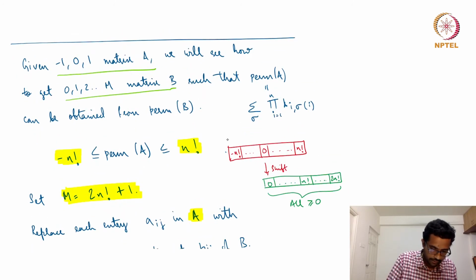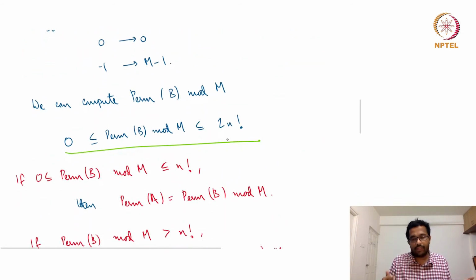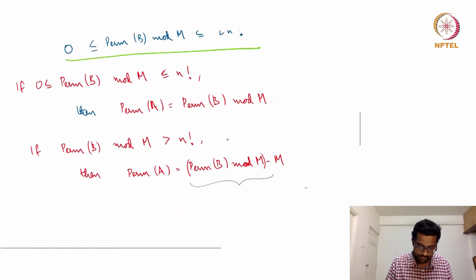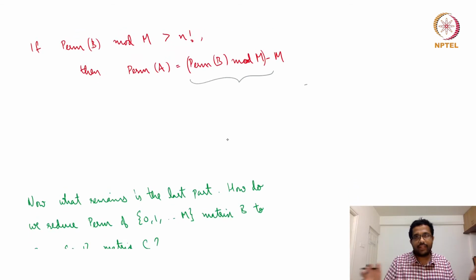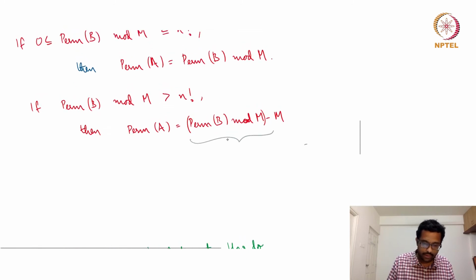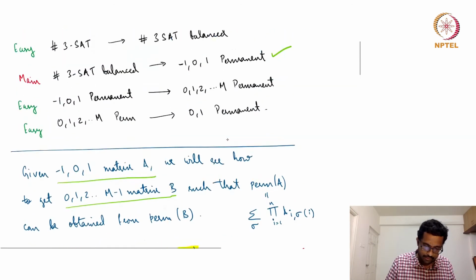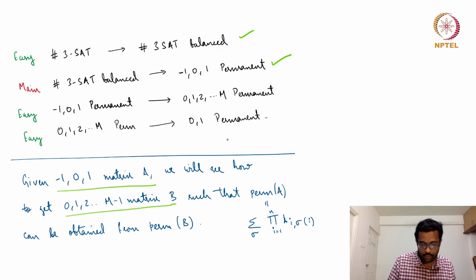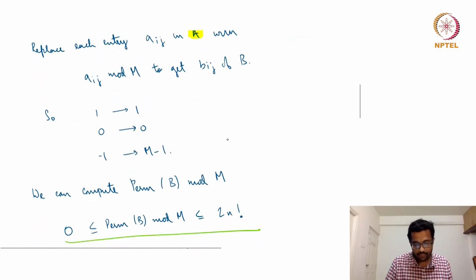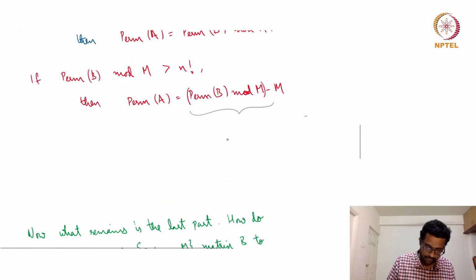I could say this is true, but it's fine, 0, 1 to m is actually a superset of this. The matrix has only three values, 1, 0 and m minus 1, right? It's not even the entire range, but the permanent could be anywhere in these ranges. So that's how we complete this part: the minus 1, 0, 1 permanent reduces to the 0, 1, 2 up to m permanent, where it's bounded positive values, right?